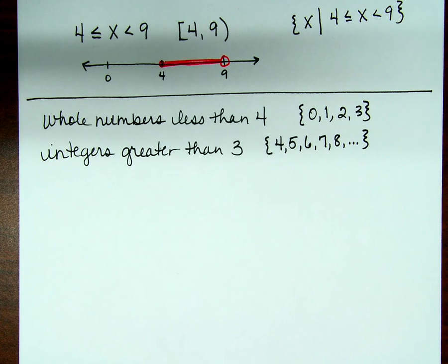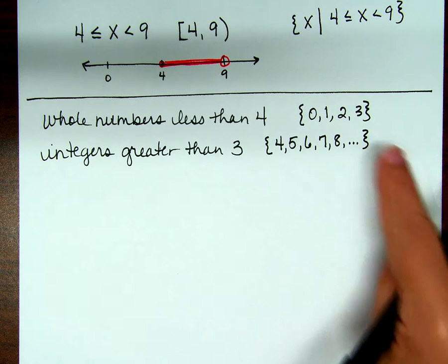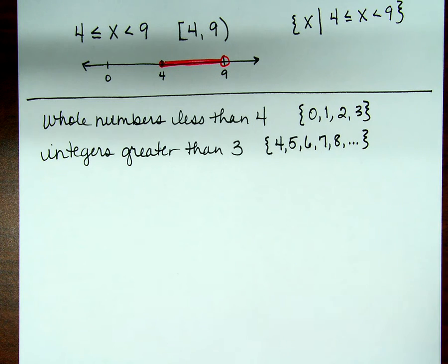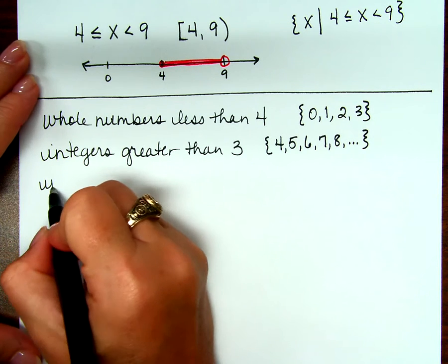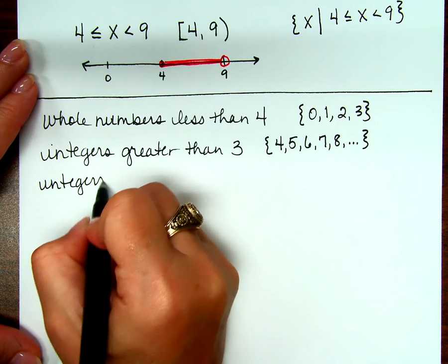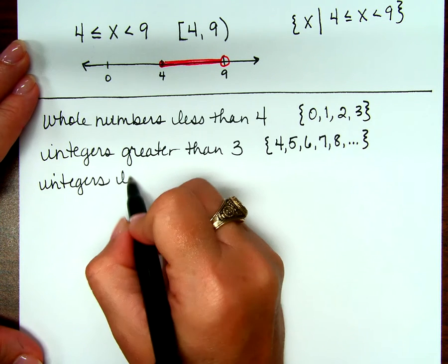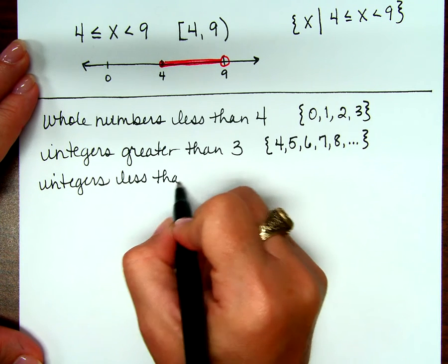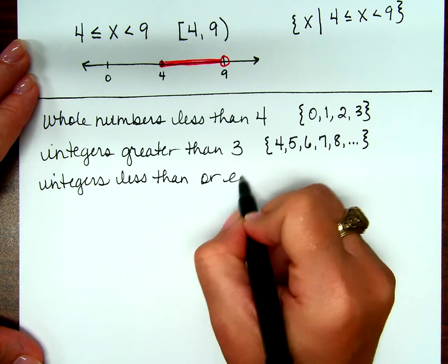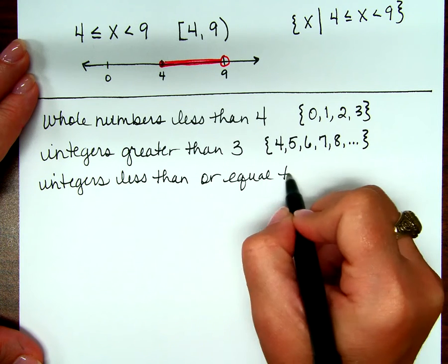5. Okay, I want 5. If you're going to use the ellipses to signify that it's continuing, I want at least 5 values so that I can make sure you understand what you've written. Okay? What about integers less than or equal to 2?